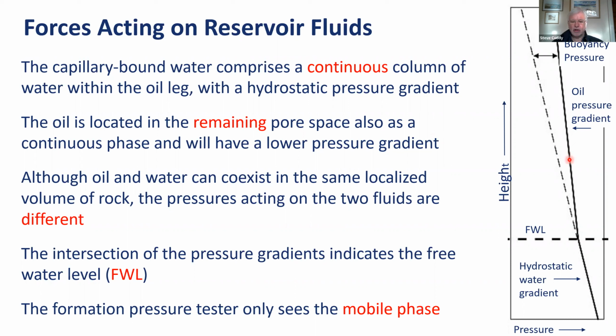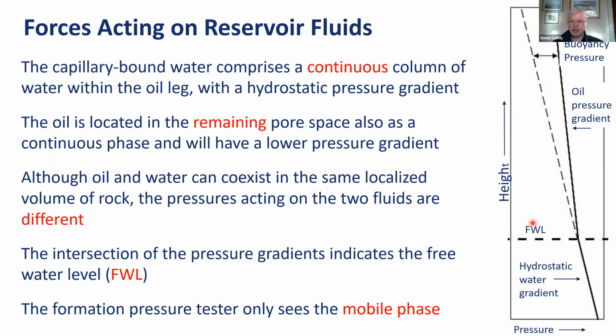So we've got two pressures there, the oil pressure and the water pressure. Even though they coexist, the pressures on these two fluids are different. The intersection of the oil gradient with the water gradient is a free water level.